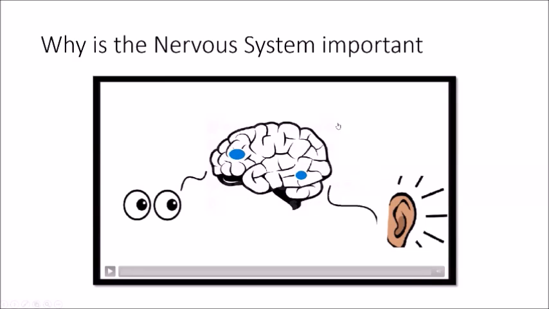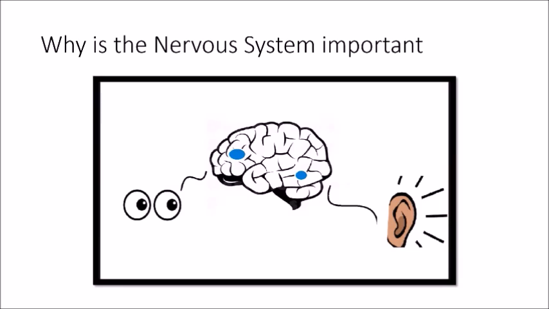Now, after this nerve impulse reaches the brain, remember that different parts of the brain have different jobs. Each part of the brain is going to have a specific function to do. So once these nerve impulses go to these different regions of the brain, the brain is going to interpret these stimuli and create a sensation of sight.